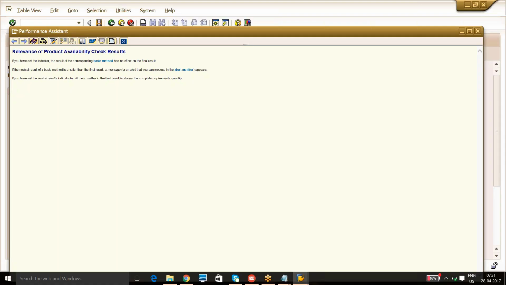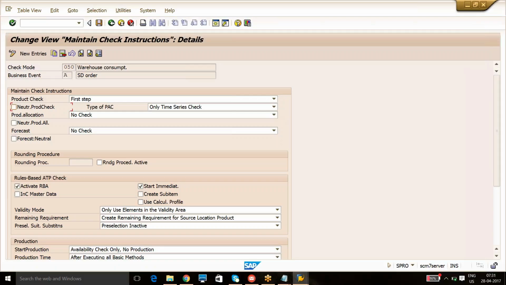So if you want to ensure that this basic method is not going to affect the overall final result, then you have to check mark this. If you want the relevant three dates on which basis you want to confirm, you need not check mark this. But if you are fine with only one single date which the system has to generate for a given requirement, then you have to check this.